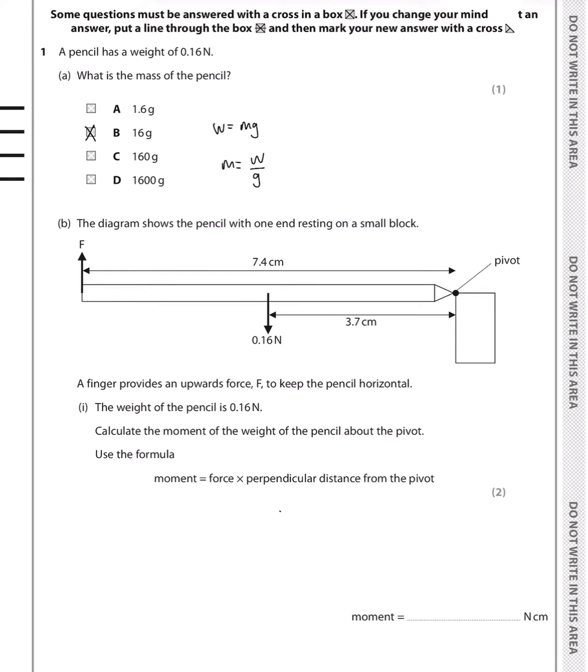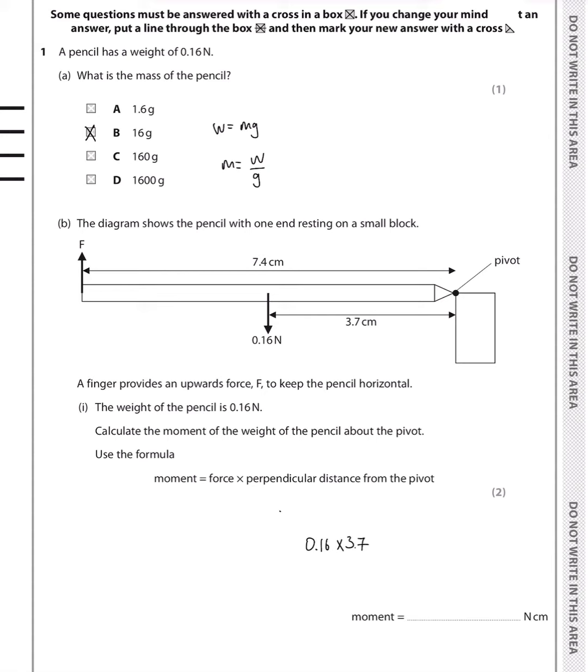Next, the diagram shows a pencil with one end resting on a small block, and calculate the moment of the weight of the pencil about the pivot. Use the formula moment is equal to force multiplied by perpendicular distance from the pivot. So weight is 0.16, and that is our force in this case, and the perpendicular distance from the pivot, as we see, is 3.7 centimeters.